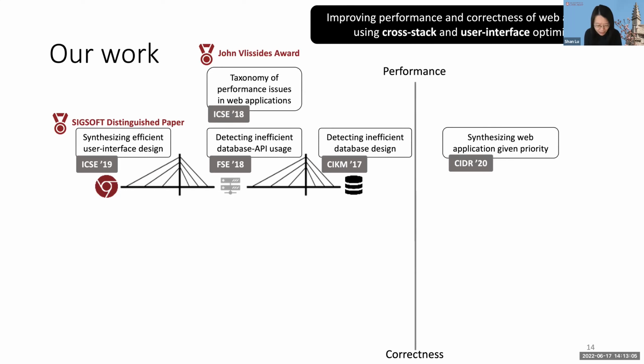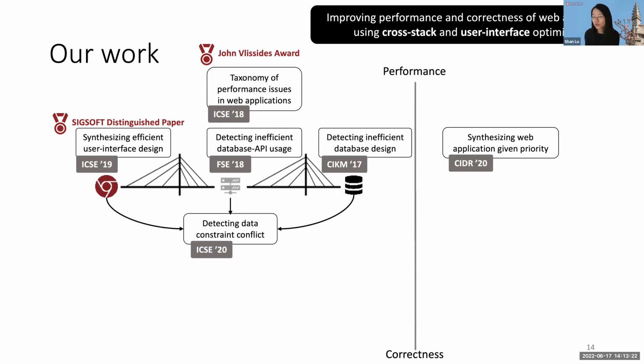And hopefully if I have time at the end, I will also tell you about this gap between the interface design application and the database. It also leads to all kinds of correctness problems. So one type of correctness problem we found is something we refer to as data constraint, such as what should be the maximum length of your password or username.